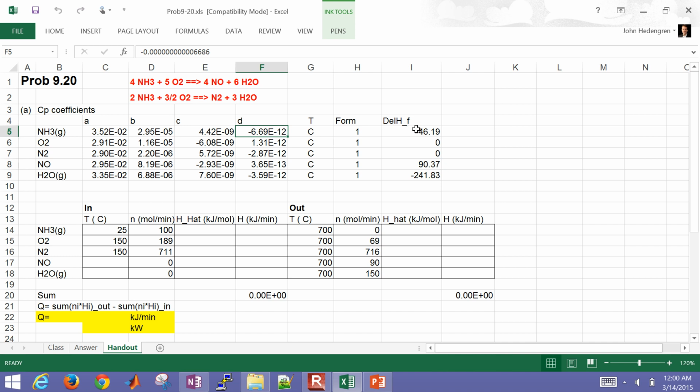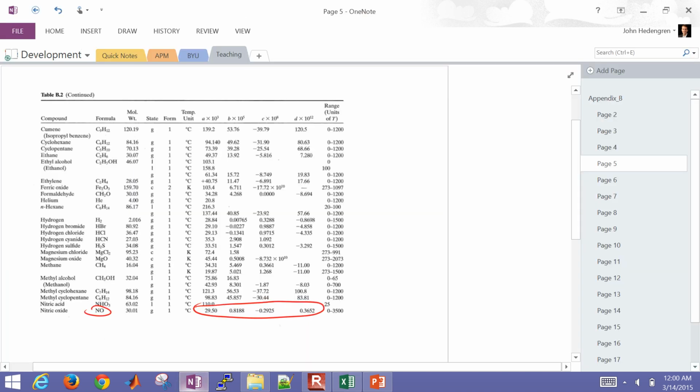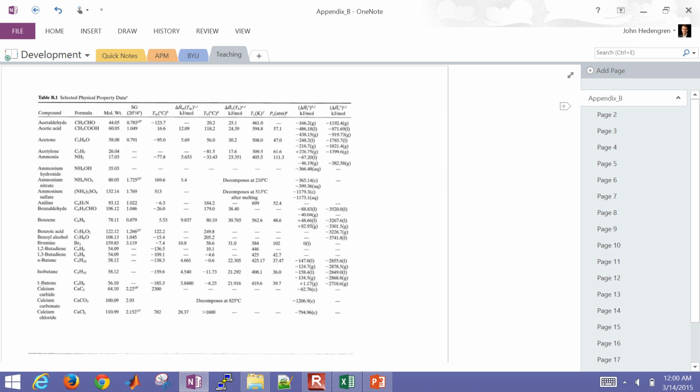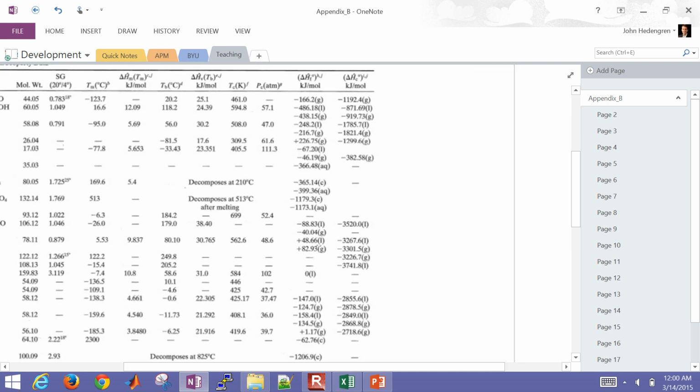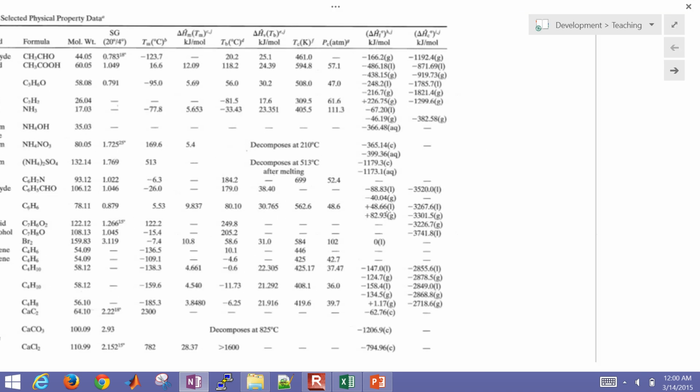We also got our delta H of formation. So let's go back to the tables and just look at that really briefly. Okay, so we want to also get our delta H of formation, and that would actually be from table B1. Okay, so ammonia, for example, make this just a little bit bigger.